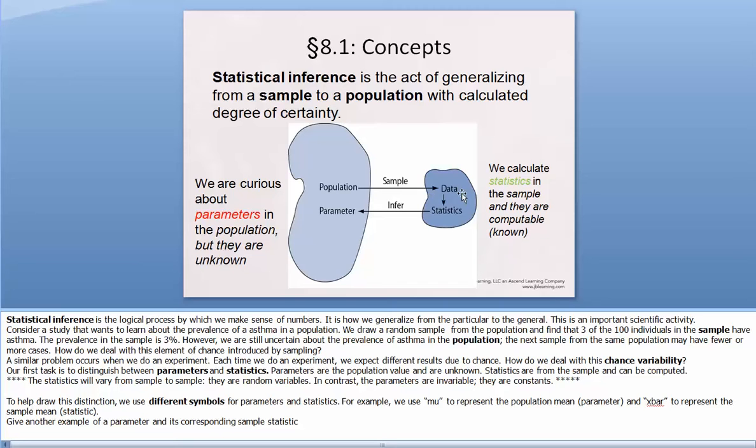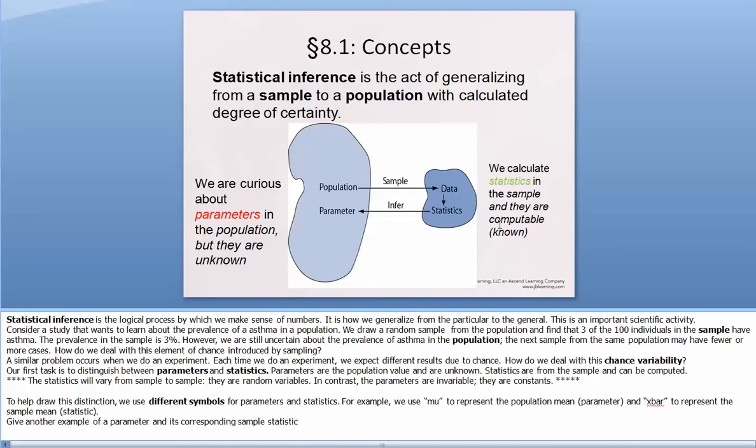Now, out of this data, we can create statistics. A statistic is any quantity that you can get out of the data. The sample mean is a statistic. It is some quantity. The sample median. If you take a sample, the smallest value, the fifth smallest value, you can even create meaningless statistics. So you have lots of these statistics.